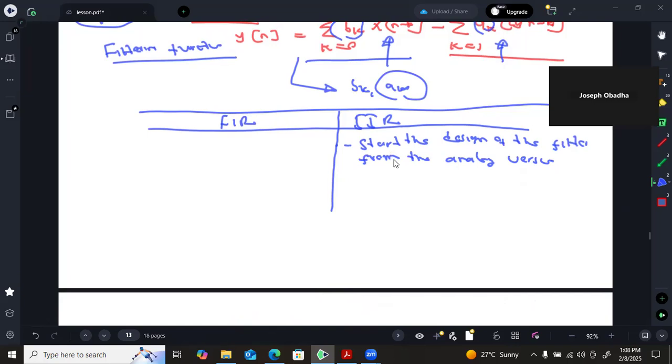We can see some advantage of that because very good methods have been developed for designing analog filters. So the moment you can design an analog filter, you can get the digital counterpart.